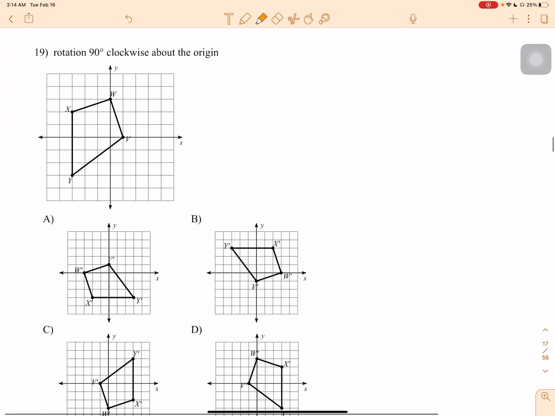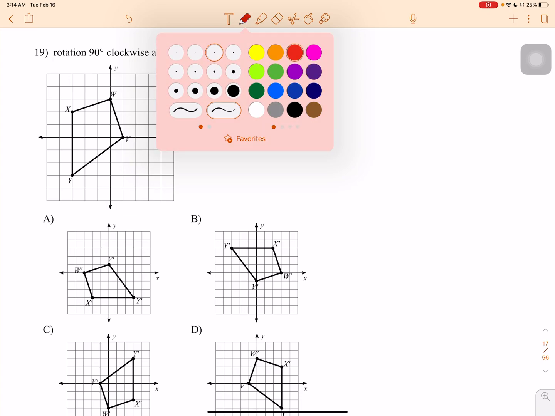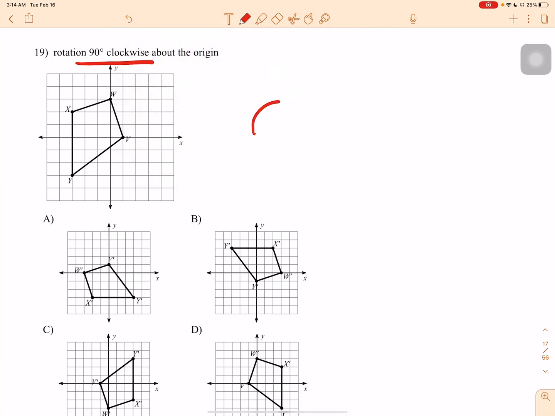All right, I don't believe we'll see too many rotations besides, excuse my yawn. So here I'm just going to show you a little trick. So this one says 90 degrees clockwise. So that means, again, if I'm in a grid, it just turns one grid to the right.